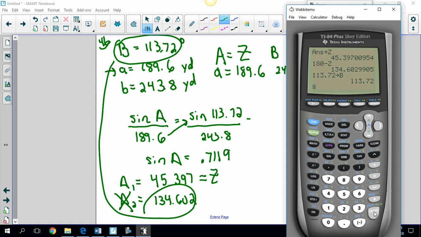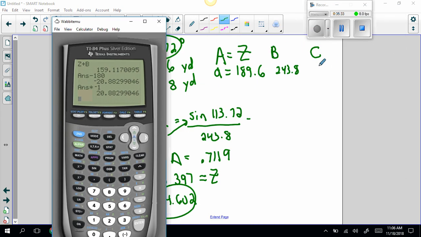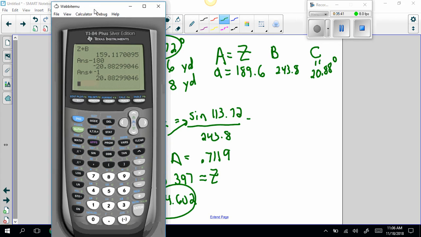And we know angle A, which is really alpha Z, plus alpha B minus 180 times the negative 1, that's 20.88 degrees. But let's actually store that in C, store alpha C.